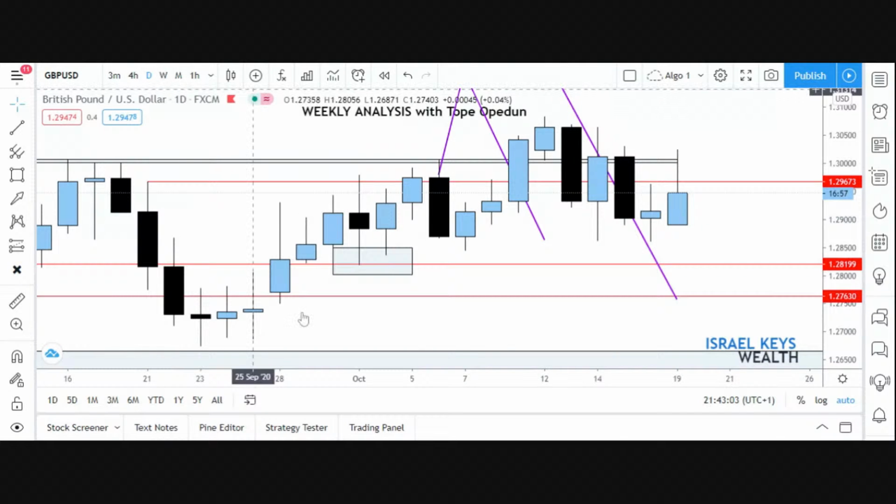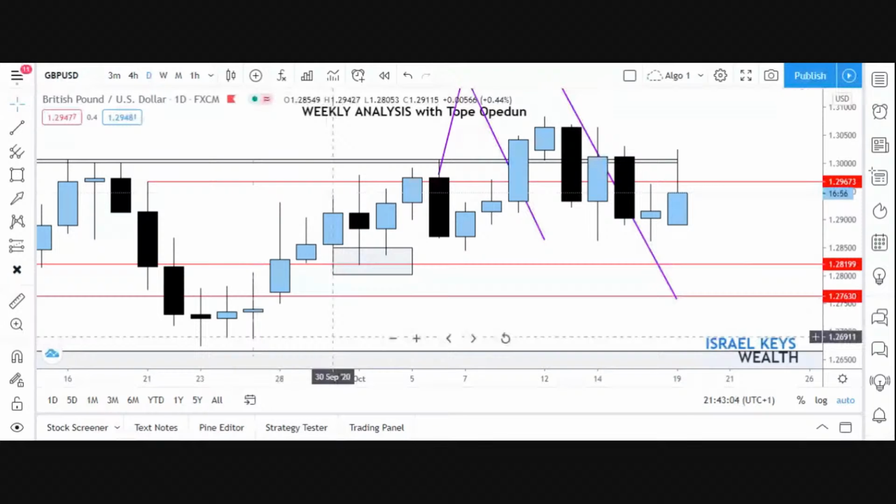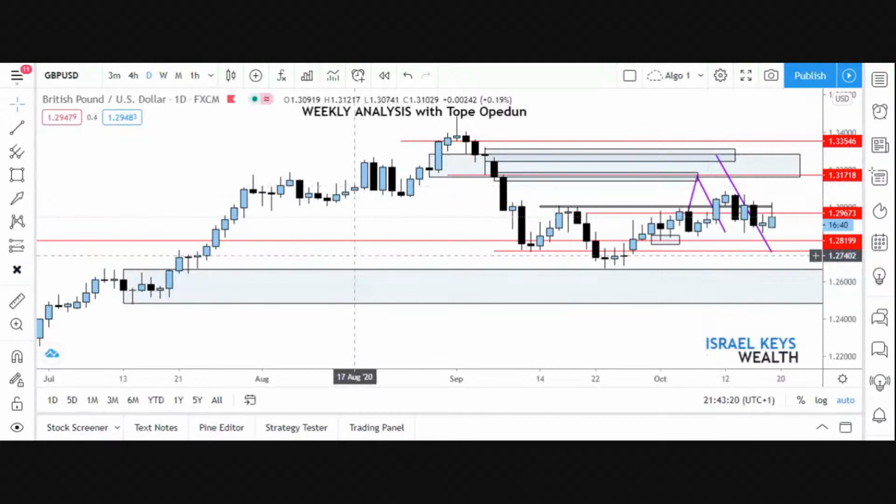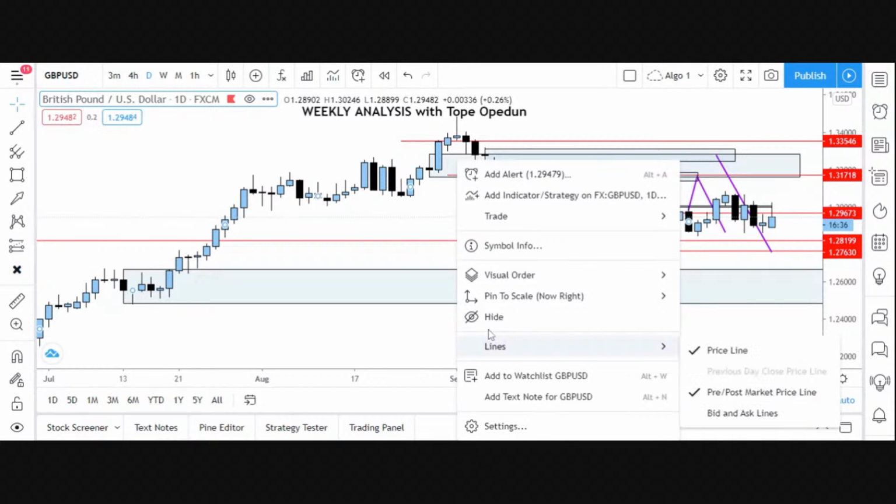GBP USD. We were exactly looking for this rally up into this range in here, and then a drop down. But it's done it, but it's not gotten to the area that we're looking for. So let us just look at what price is saying again.